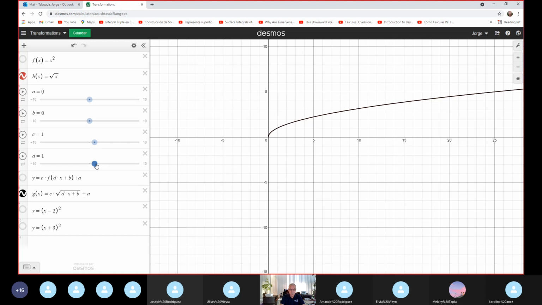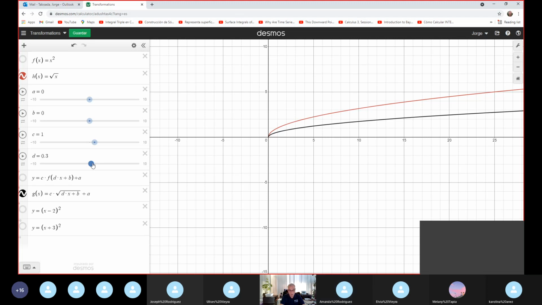Let me try to do it in the opposite direction. Now you see more clearly. D less than 1. What is this effect? Is this stretch or compress? It's a stretch.